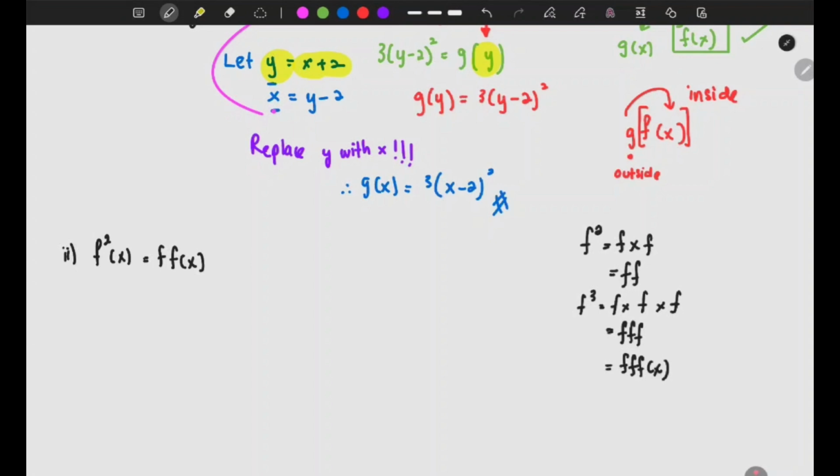And how? The method is the same, no different. This ff(x) means, let me show you the visualization first. Easy to visualize. Which means this is x, and then I cross the bridge f. And then the next round, I again cross the bridge f.